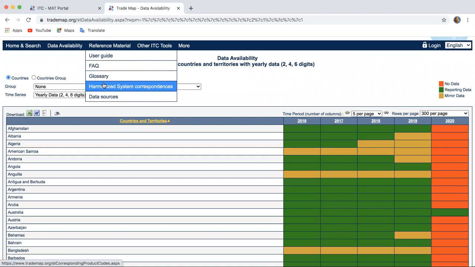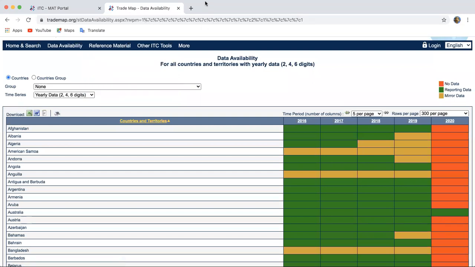This one is also a very important one because products in Trade Map and in all our market analysis tools get a harmonized system code. And this harmonized system code is a code that is internationally recognized and used by the World Customs Organization. And this will allow you to do cross-country analysis.